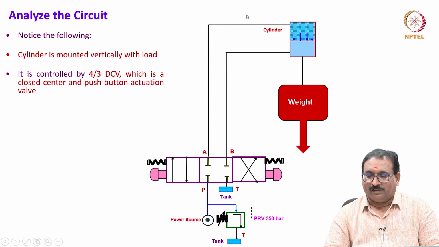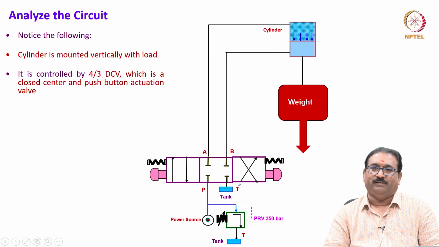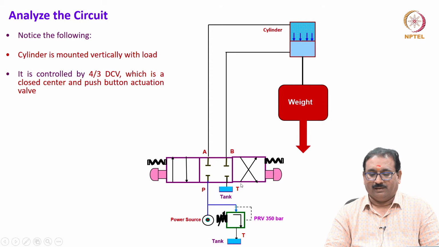Now, can you please think what happens in this circuit? Now, what is there, friends, here? A double acting cylinder connected to a heavy weight. I have shown you here the heavy weight vertically mounted. This is controlled through the 4/3 DCV, and again here the power source and a pressure relief valve.